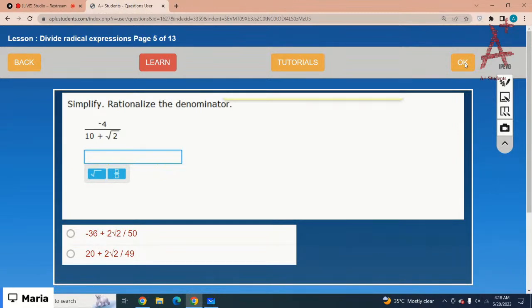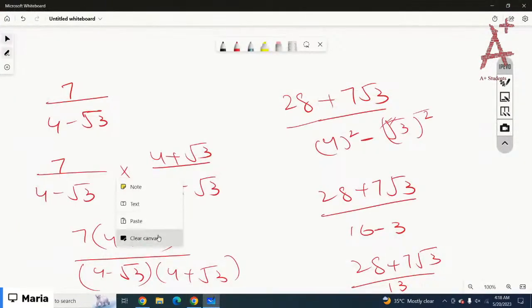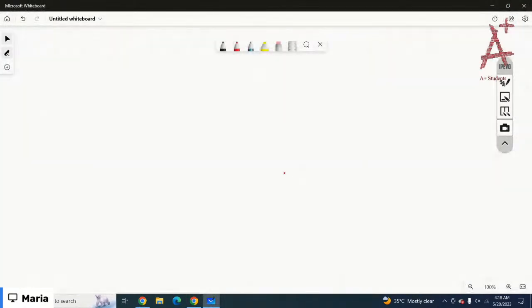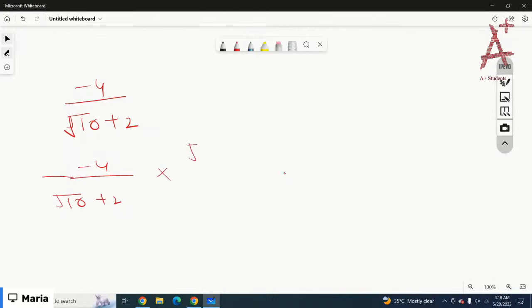The next one is minus 4 over square root 10 plus 2. Minus 4 over square root 10 plus 2 times square root 10 minus 2 divided by square root 10 minus 2.